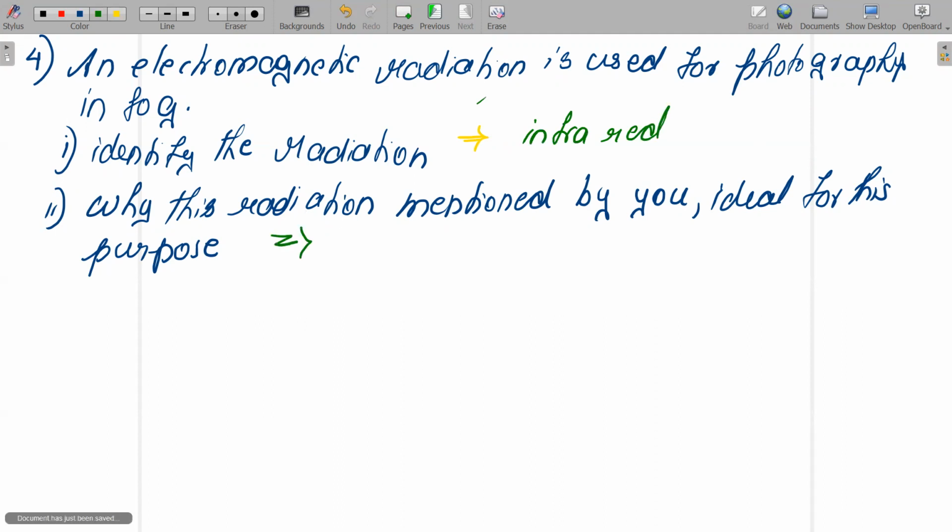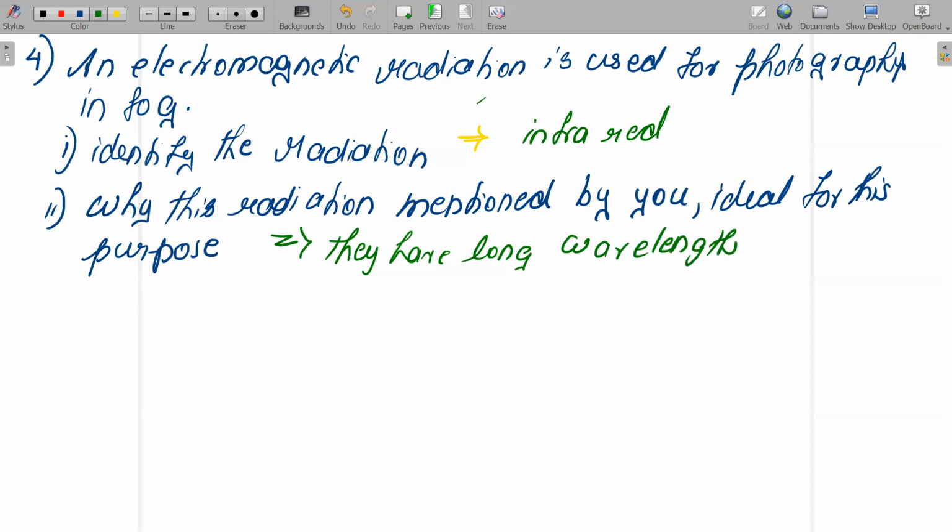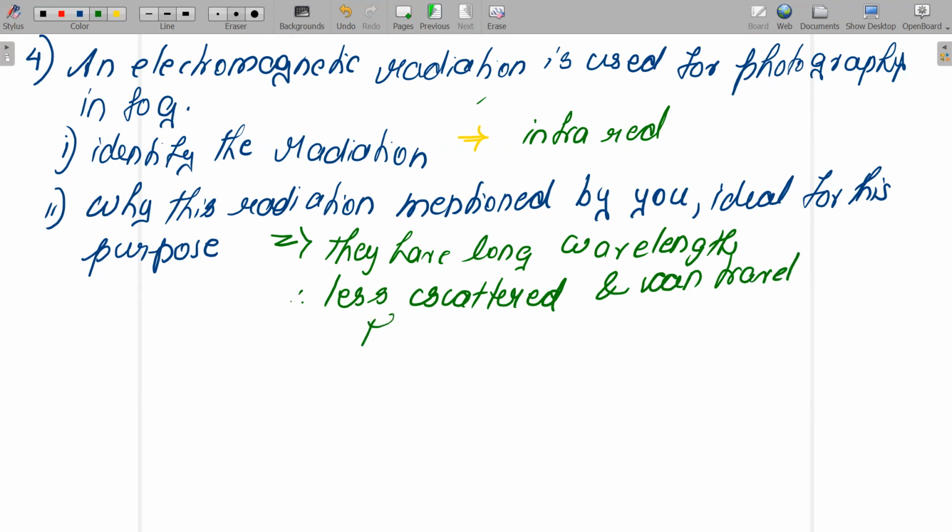Why is this radiation mentioned by you ideal for this purpose? What is the reason? They have long wavelength. Therefore, less scattered and can travel through fog.